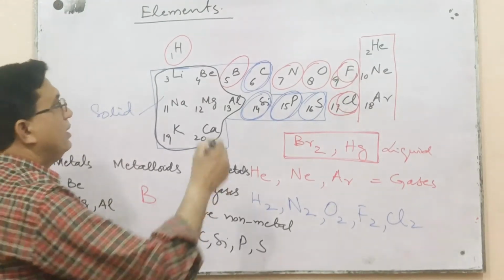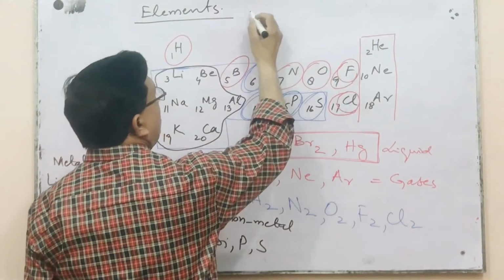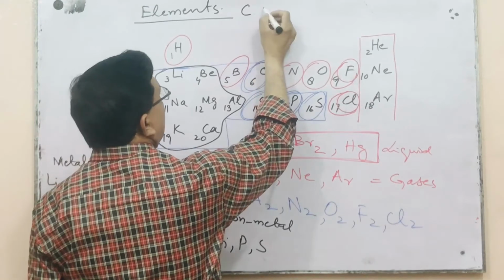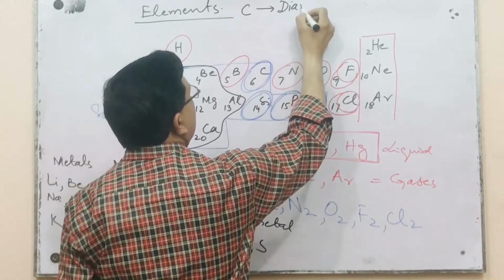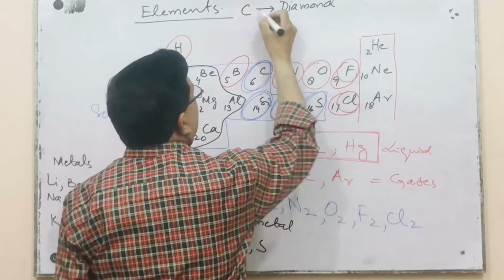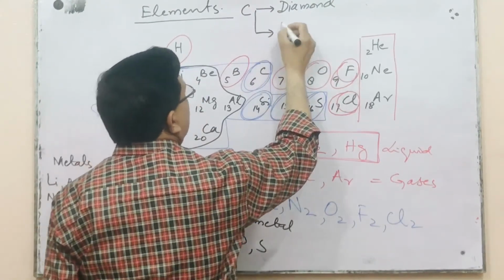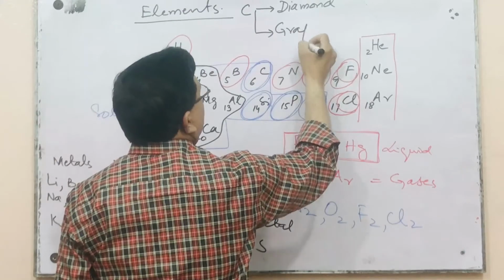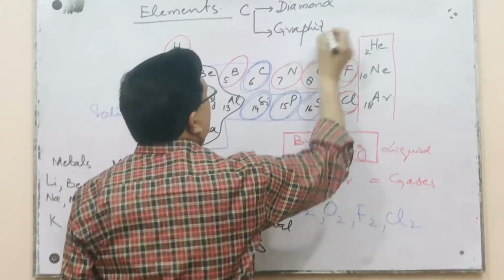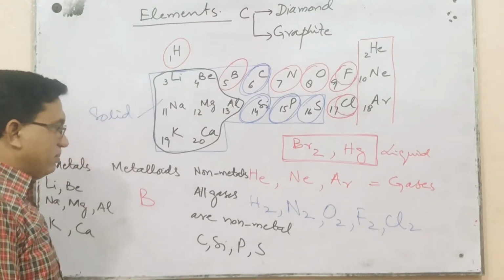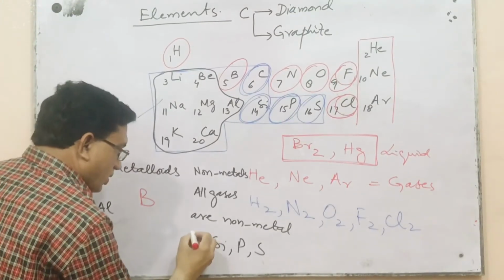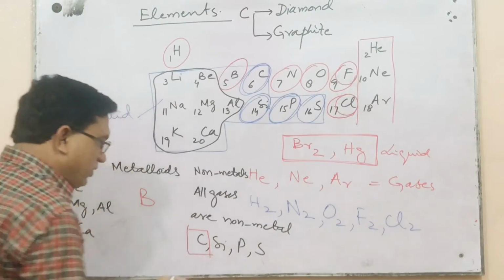For example, carbon shows different forms. Carbon shows two different forms. One is called diamond and the second is called graphite. Now, carbon is the only element which has two different forms.